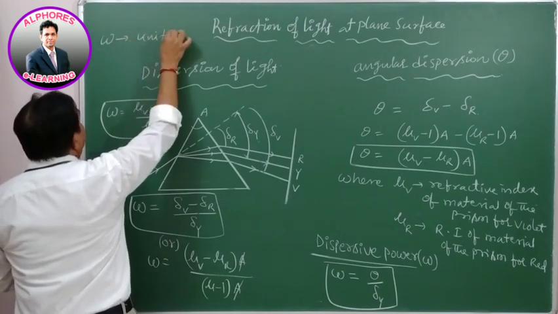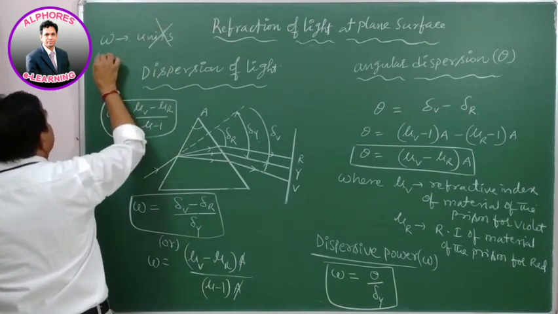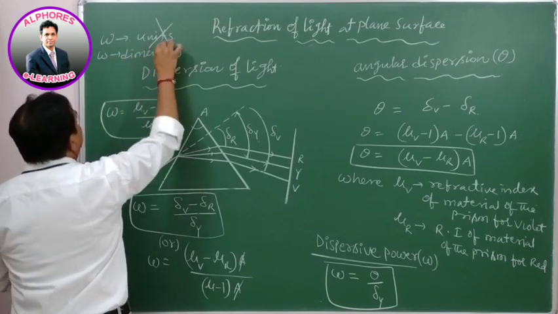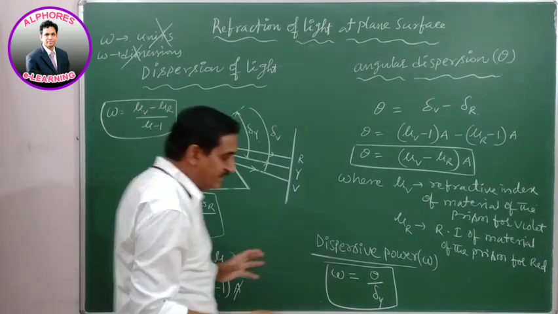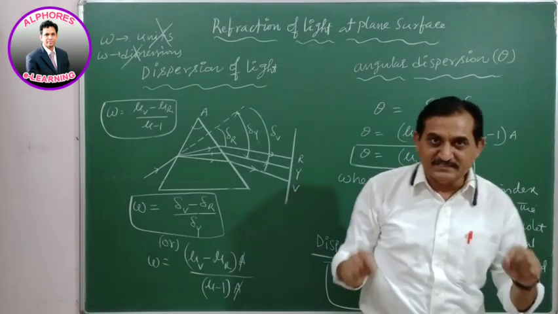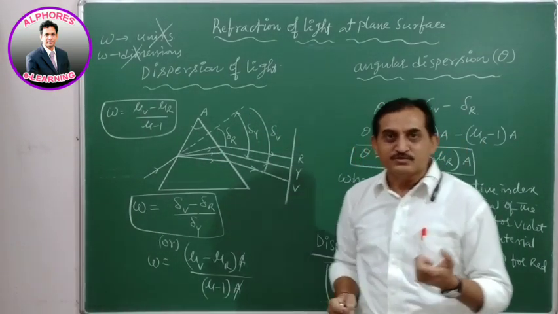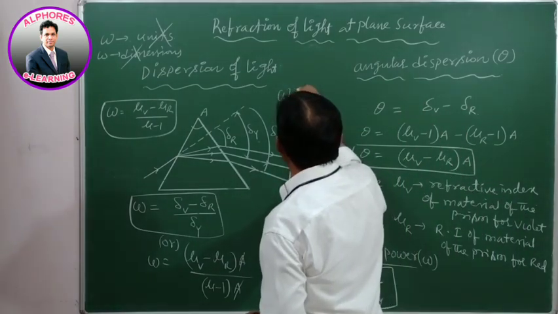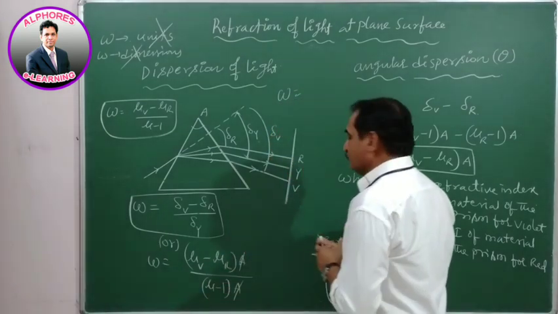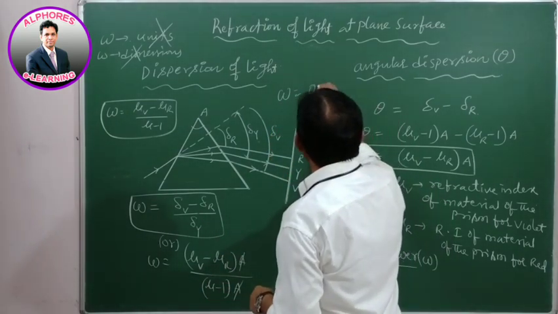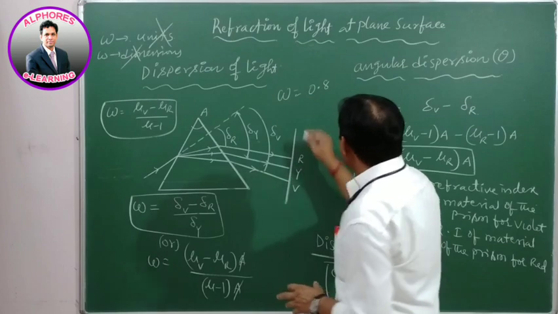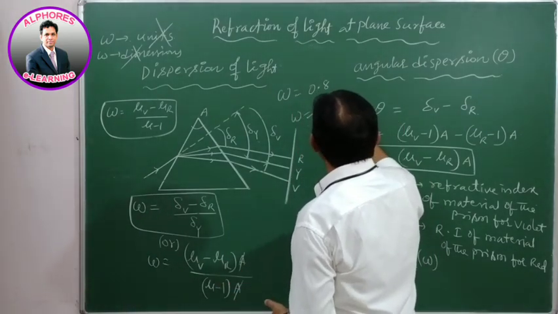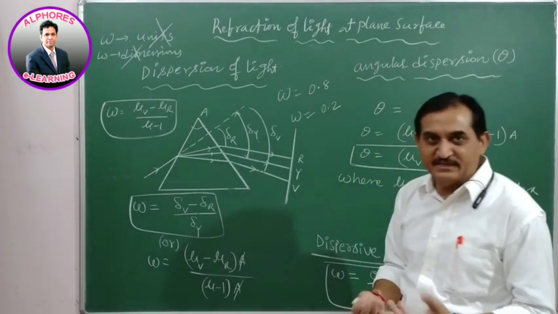No units and no dimensions. Simply it gives a magnitude value. So based on that value, suppose omega is obtained as 0.8 for one prism, and 0.2 for another prism. Which one is greater?